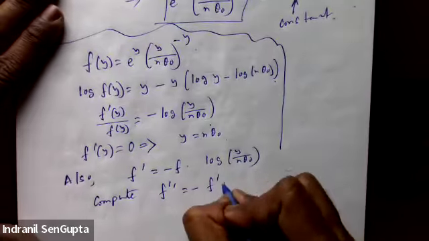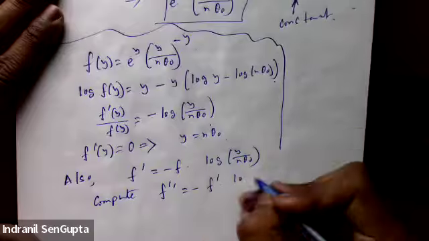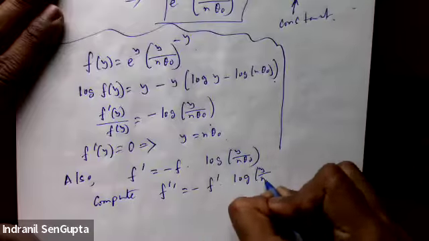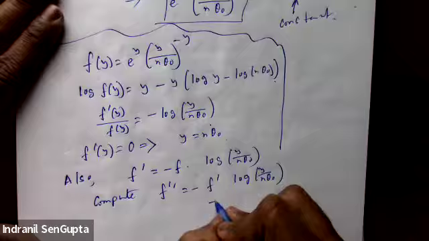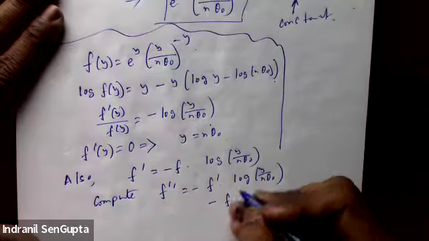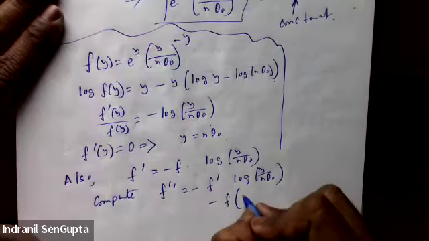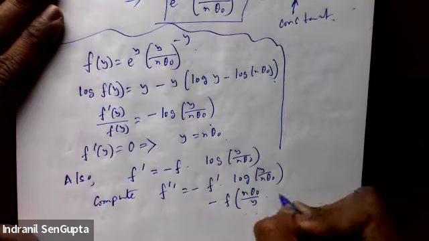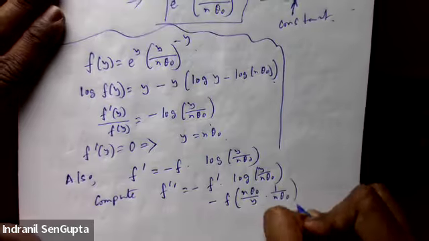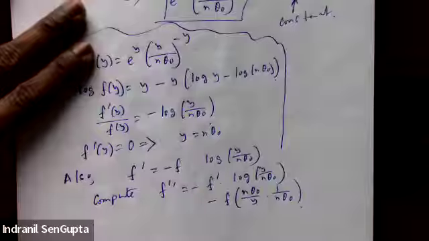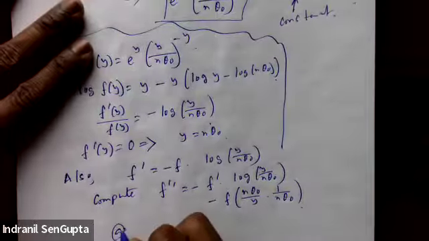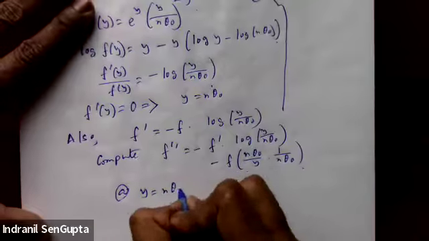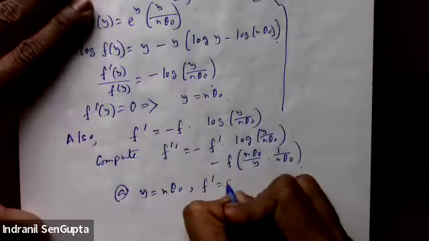So it's going to be minus f prime. I'm just dropping all the suffix. Log of y over n theta 0 and minus f. And if you differentiate this log function, it's going to be n theta 0 over y over n theta 0, right? So at the point y equals n theta 0, f prime is 0.